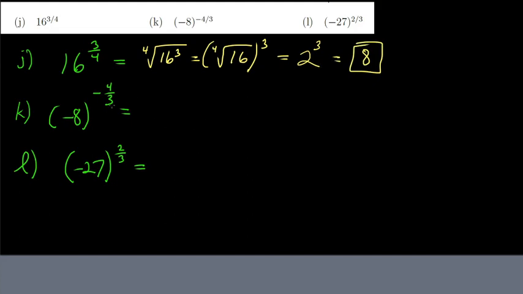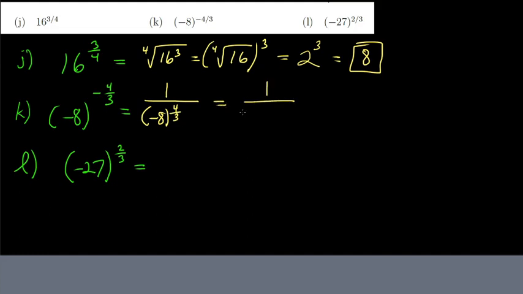Right? Negative 8 to the power negative 4/3. All right, so first of all, what does it mean when the exponent is negative? It doesn't mean it's going to cancel this negative. Not at all. It just means you take the reciprocal. So this is 1 over negative 8 to the positive 4/3. Sorry for writing the fraction this way, but otherwise it's going to be a little bit smaller.